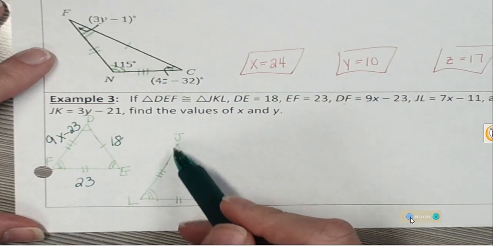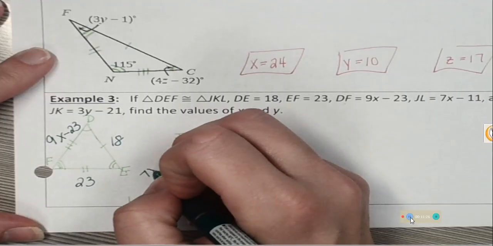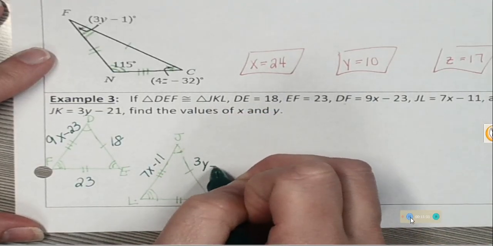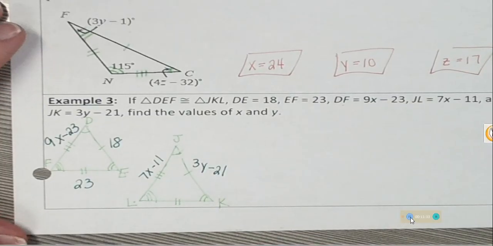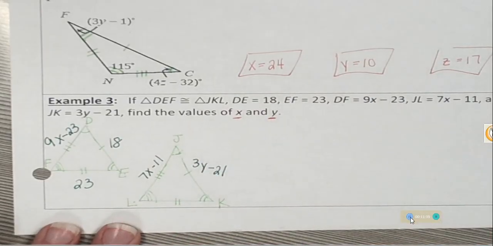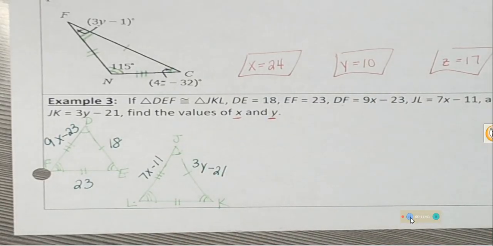JL is 7x minus 11. JK is 3y minus 21. I need you to find x and y. So I'm looking for two answers here.